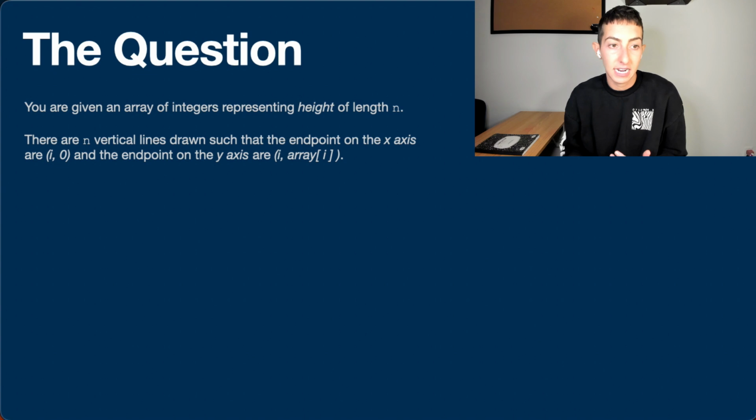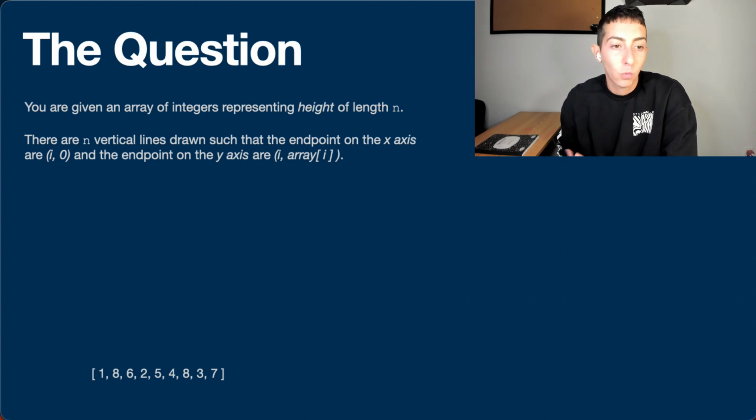So i is the index, and where the bar is on the x-axis depends on its index in the array. And the endpoints on the y-axis are i and array[i], where the y-axis value is going to be the actual value in the array.